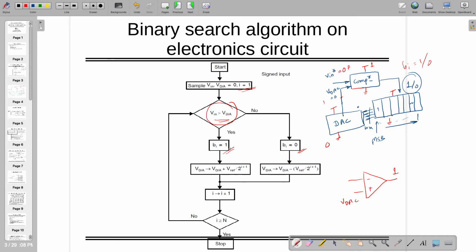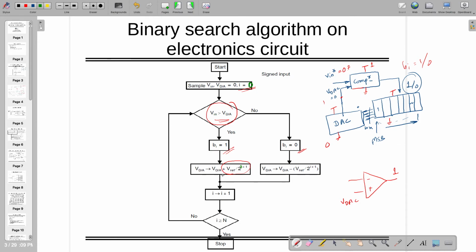If it is 1, then VDAC will have VDAC plus V reference by 2 to the power I plus 1. As this is the first iteration, okay, it's wrong. It has to be the 0th iteration, then you are starting with 1. So if it is 1, then it's Vref by 2, right?